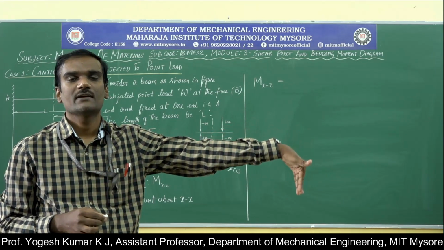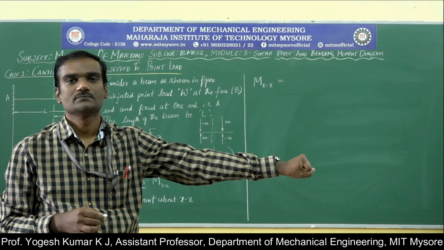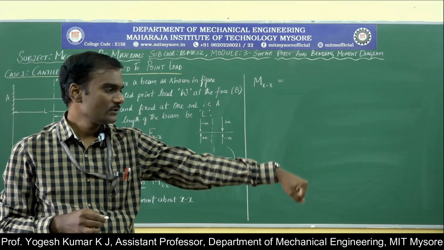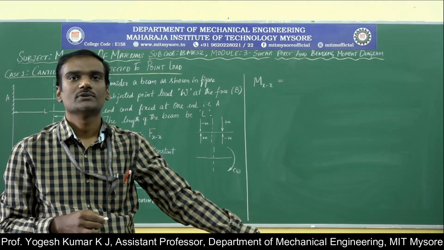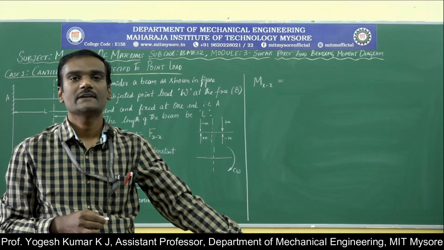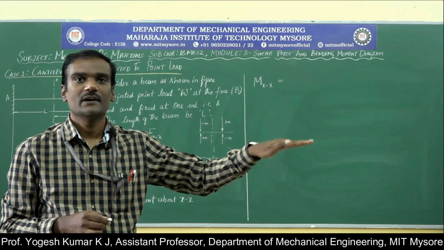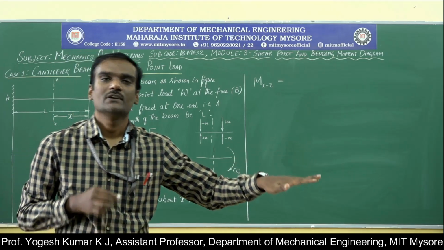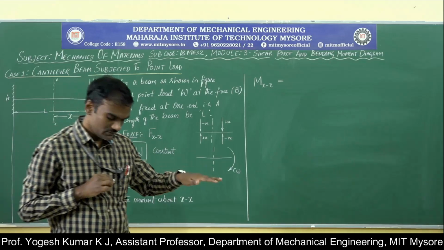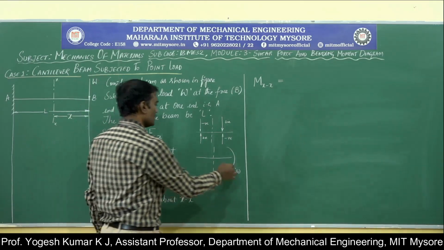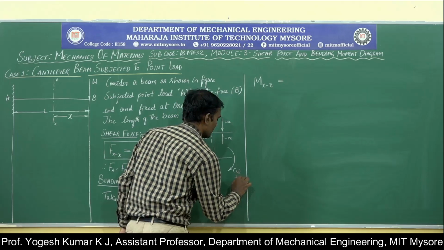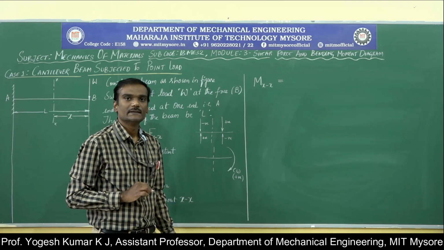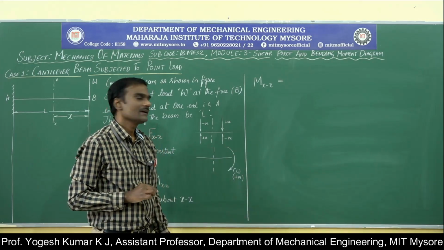If it is producing a hogging effect, then its value will be negative. Now observe this beam. The load is applied. How is the beam going to bend? It is going to bend in this particular fashion. Is that sagging or hogging? Definitely it is a hogging effect. So if it is hogging, the value should be negative or positive? Negative. The clockwise moments are positive, but the bending moment effect is negative because it is going to produce a hogging effect.